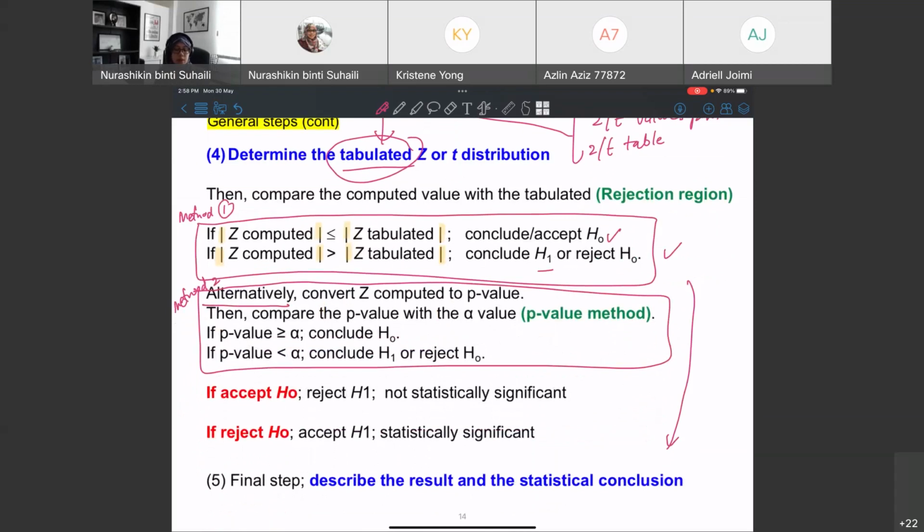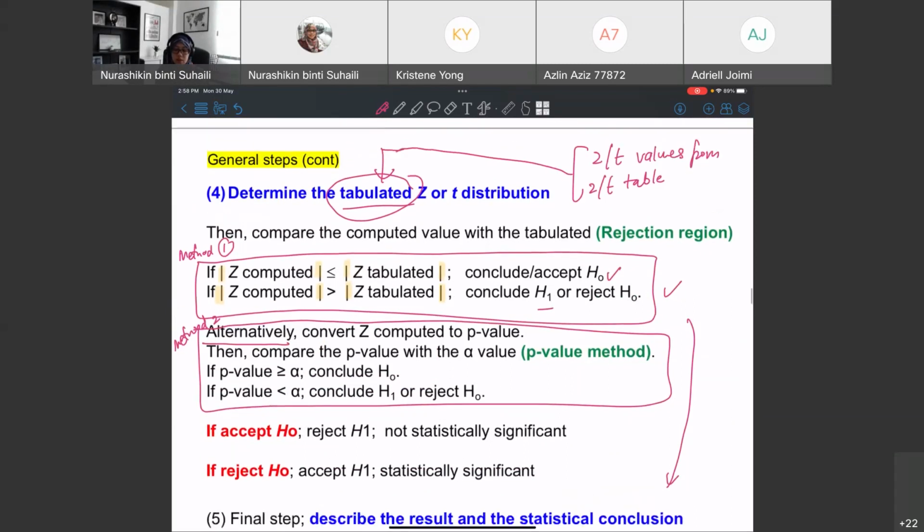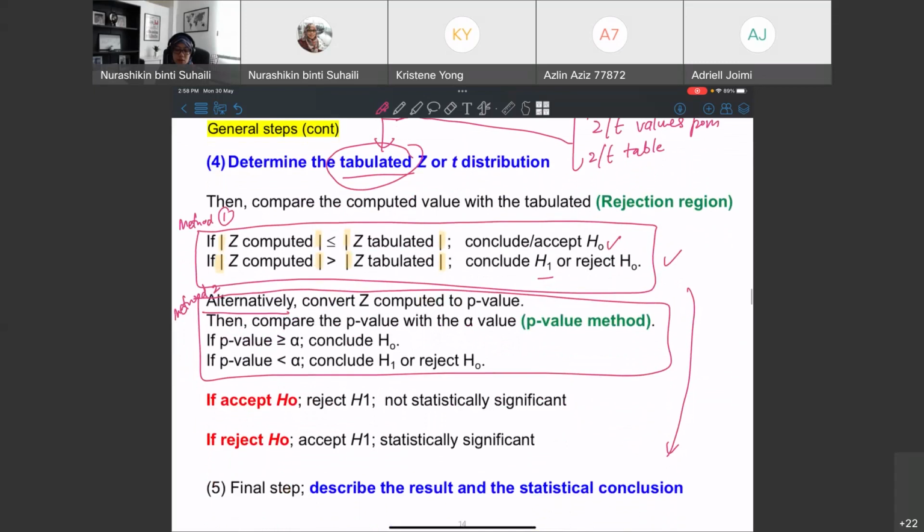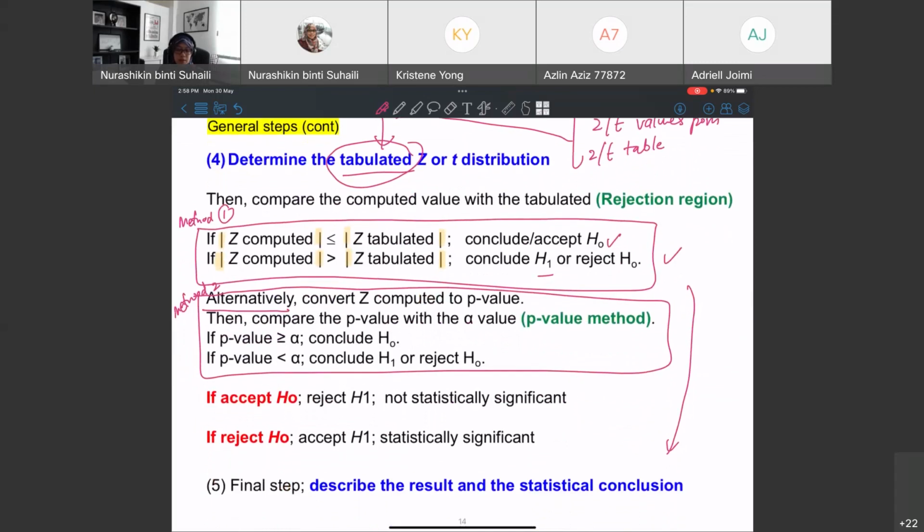I prefer method 1 because it's not confusing to compare the computed and tabulated Z or T values. I notice that when students use method 2, they get confused with the P value and the alpha. So I would suggest method 1. Recommended.